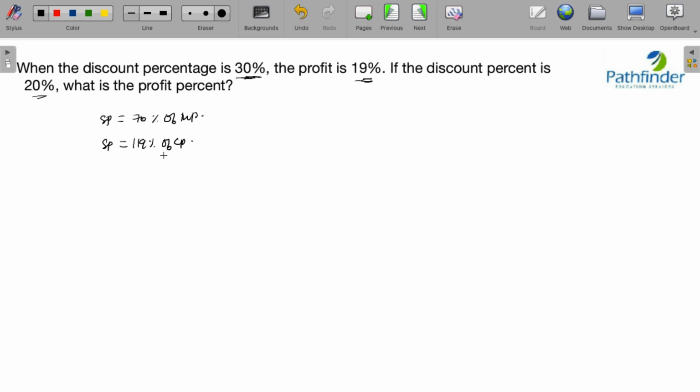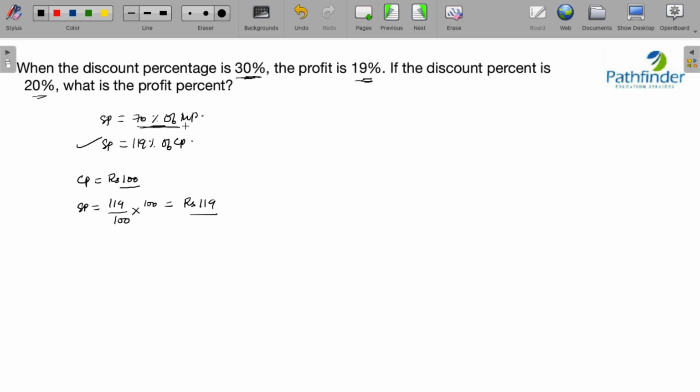So once we know these two equations, let us calculate them quickly by assuming CP as rupees 100. So selling price, which is 119% of CP, so 119 upon 100 into 100 should give me rupees 119. And this 119 has been obtained by giving some discount.